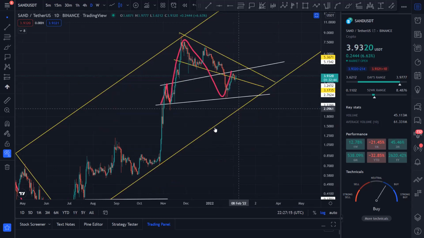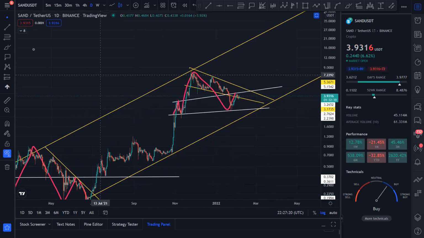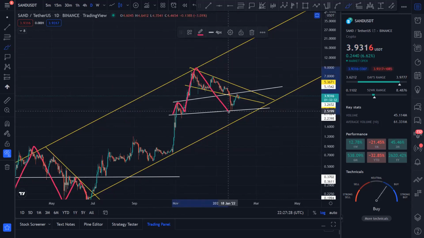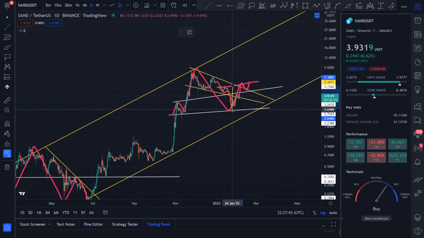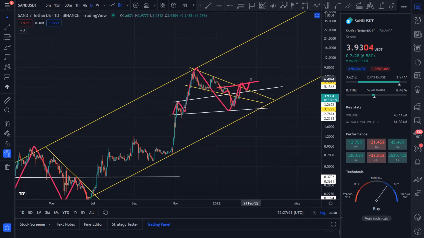To be honest, if it doesn't do this, like we have this, we have this, we have this, now if we can get out of here and create this kind of pattern, you can see we are creating an inverse head and shoulder pattern right over here, and then we can start moving towards the upside. If this comes into play, then we have a technical target to the upside, and this time it's going to be breaking the all-time highs if that happens.